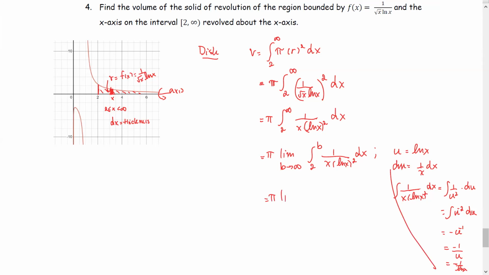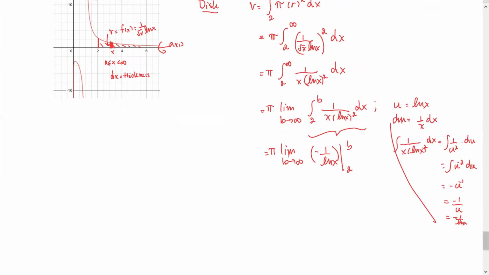Bring it back to the main part of the problem. We have pi multiplied by the limit as b approaches infinity. The antiderivative now is negative 1 over natural log of x, evaluated from 2 to b. Bring the negative outside together with the pi. So negative pi multiplied by the limit as b approaches infinity of 1 over natural log b minus 1 over natural log 2.